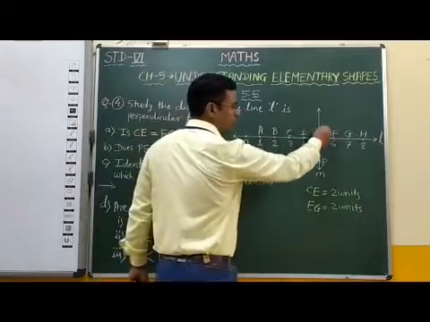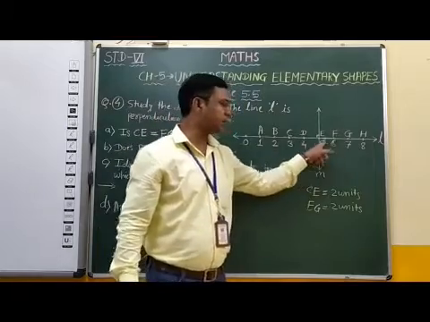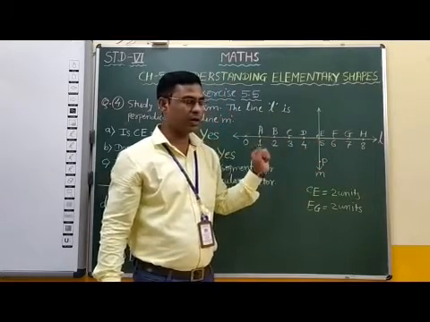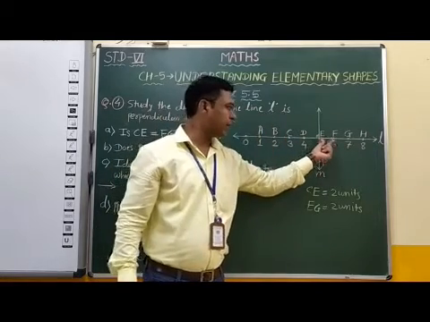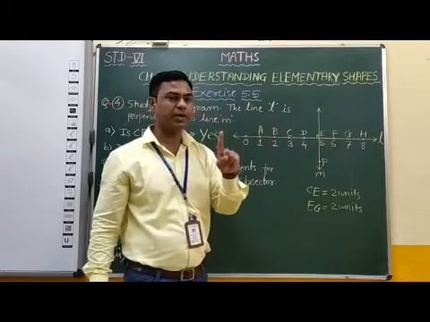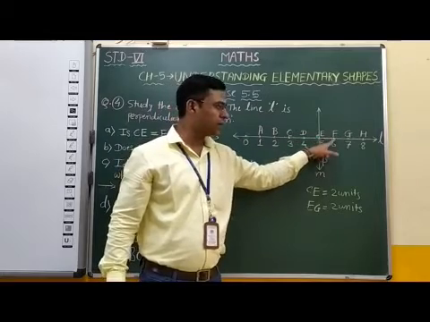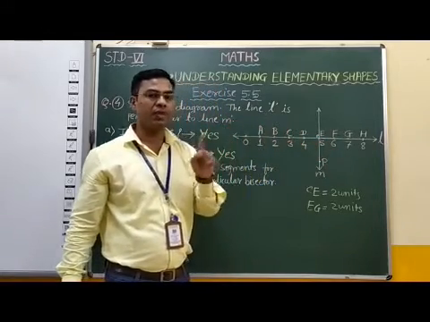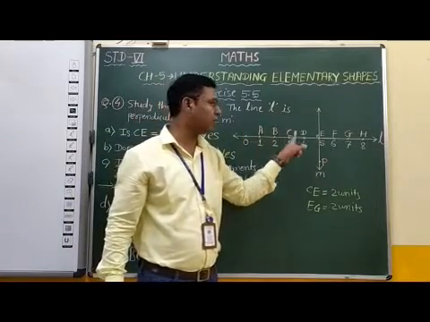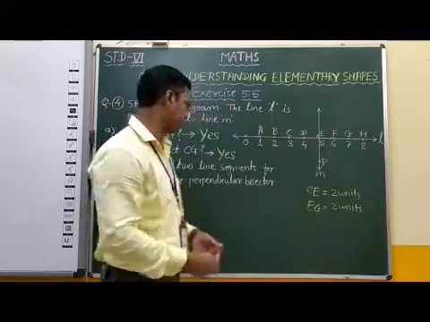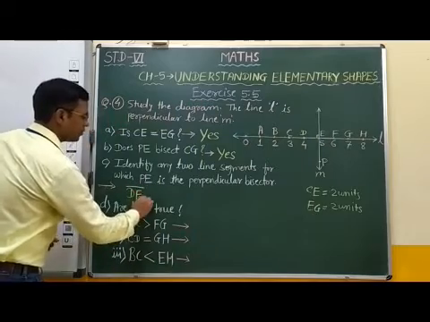If we take line segment DF, for this line segment DF, line PE is perpendicular, and DE is 1 unit and EF is also 1 unit. Therefore, PE bisects DF also. So PE is the perpendicular bisector of line segment DF. Therefore, the first answer is line segment DF.